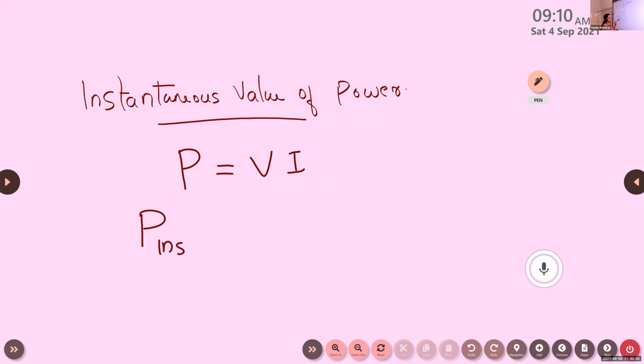So we can write P instantaneous is equal to, in the case of AC voltage through inductor, here we are applying an alternating source of EMF. So instead of V, it is equal to Vm sine omega t.